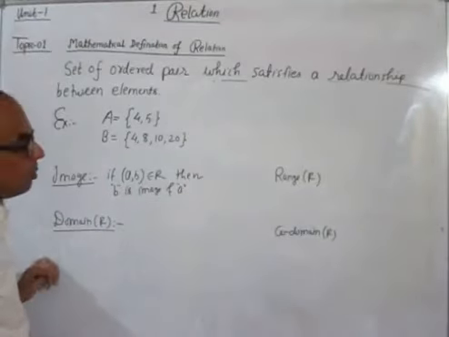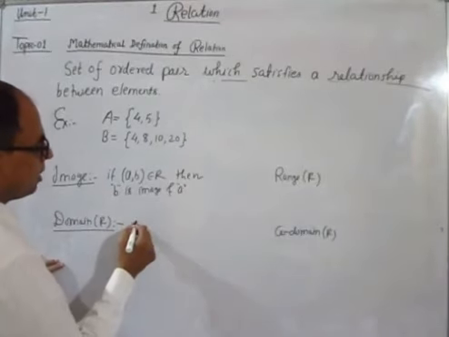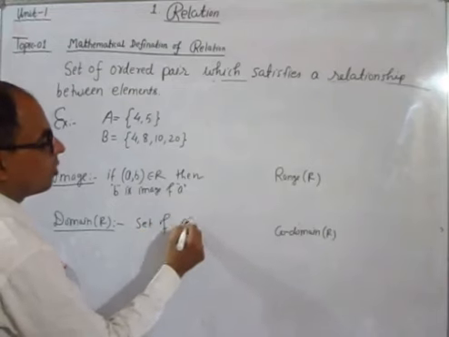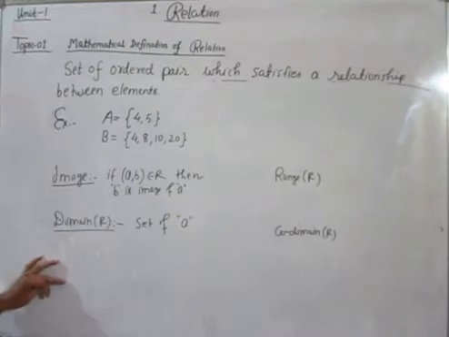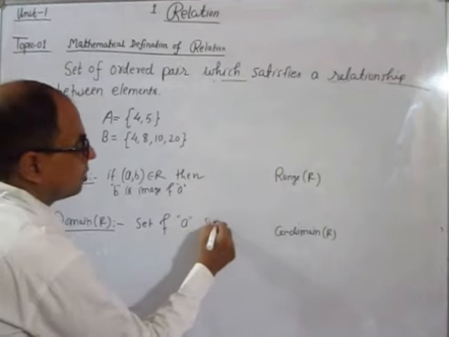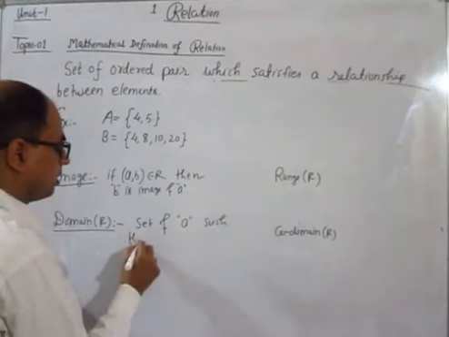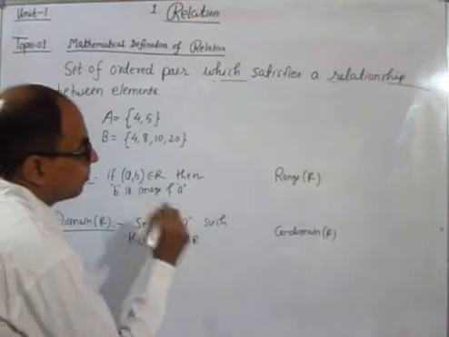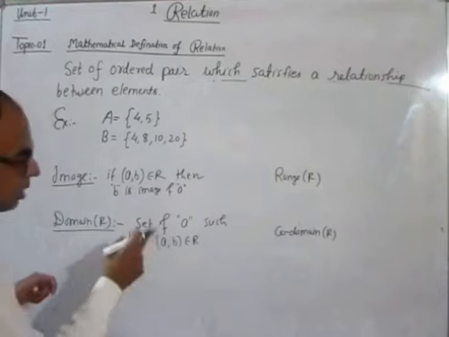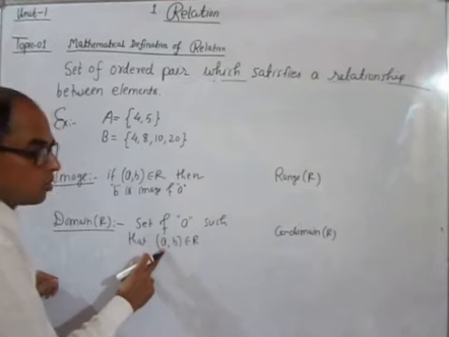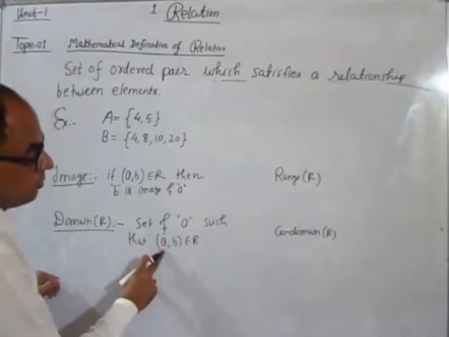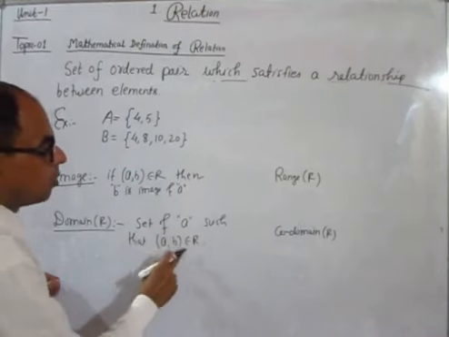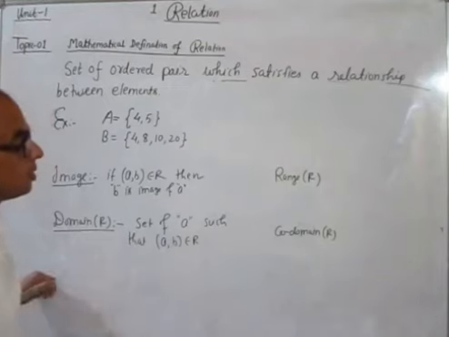Now what is the meaning of domain? So simply, the set of values of A such that A is related with B. So the set of first elements of the ordered pairs which belong to the relation is called domain.